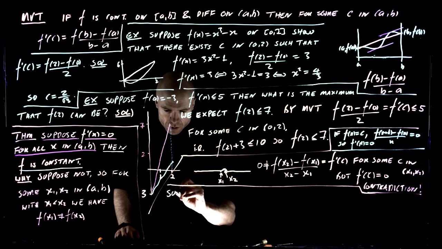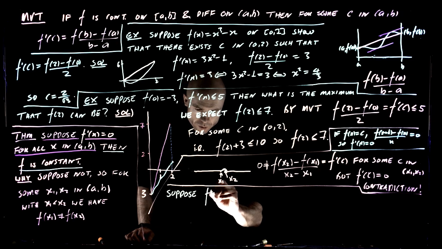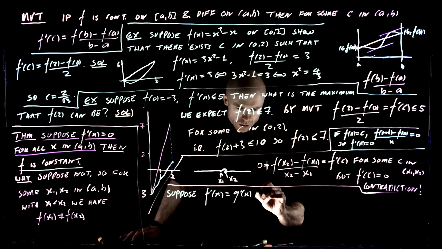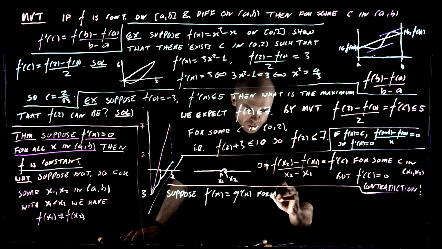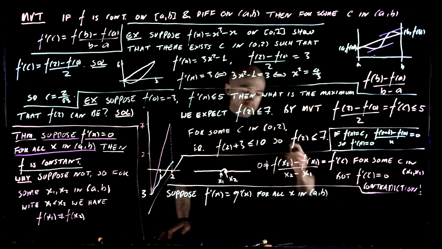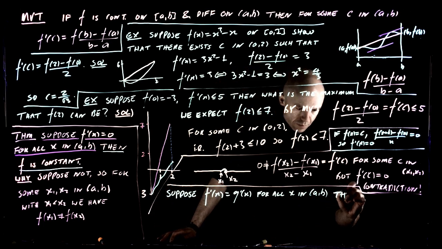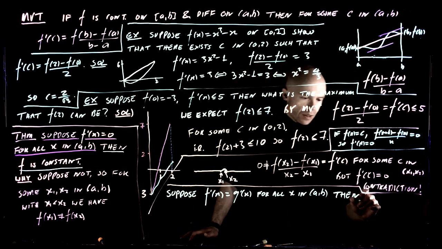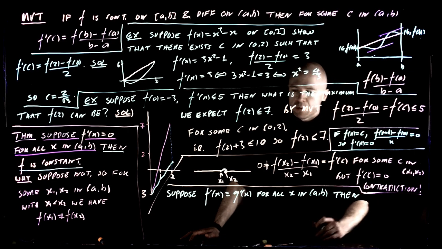So suppose f prime of x equals g prime of x for all x in the interval (a, b). Then there's a relationship between f and g, and I want you to tell me what it is.